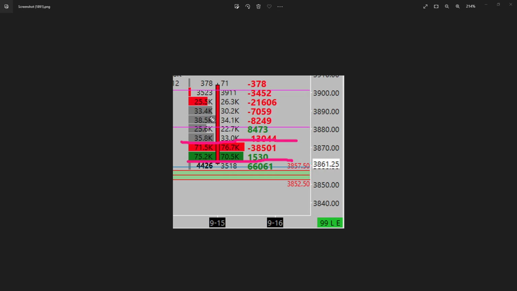They'll be far apart in volume nodes and they'll work their way next to each other, and we will see ping-ponging in between these volume nodes, and that's where we use our tools of delta, other tools that I will talk about, obviously, in the room, but there's a lot of telltales to see who's winning this battle back and forth. So in this case, when we're looking for a long, we want to see buyers adding to their delta, building out volume nodes, filling in balances, all this stuff, so we could get what we want of stop run and go.